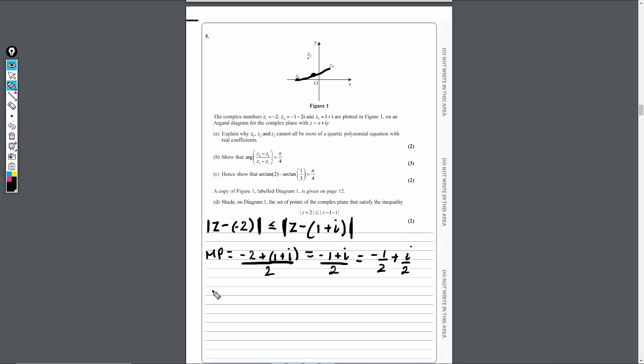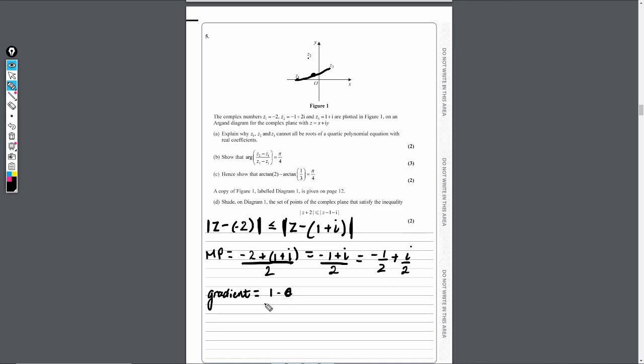So the gradient, well, that's going to be the gradient formula, so that's going to be y2 minus y1 over x2 minus x1. So I'm going to do z3, so that'll be my 1 coordinate there, because it's 1 unit up, plus i. That's going to be 1 minus 0, because that has just no height, it's just -2 along on the x-axis, so that's a 0.